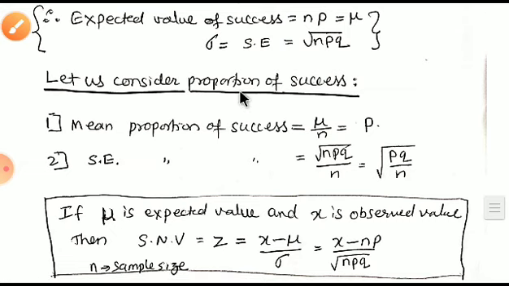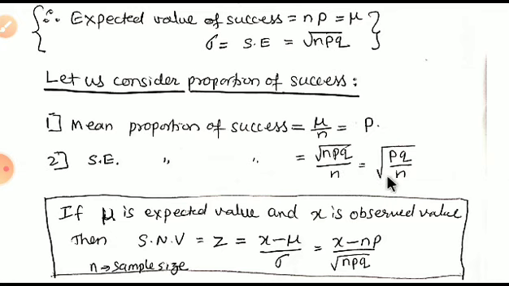Let us consider proportion of success. Mean proportion of success is defined by mu upon n. Here mu is np, so n gets cancelled, so we get p. Standard error of proportion of success is square root of npq divided by n.